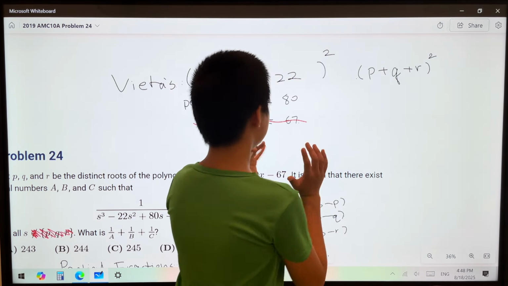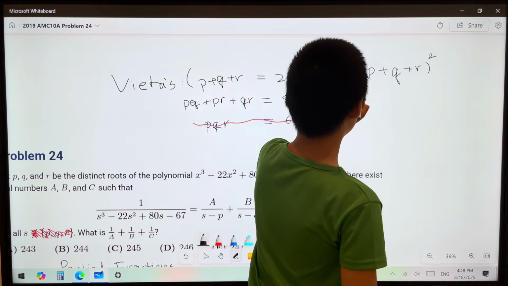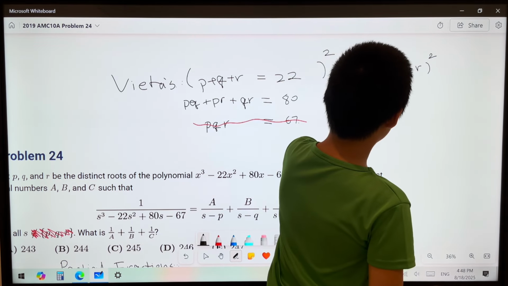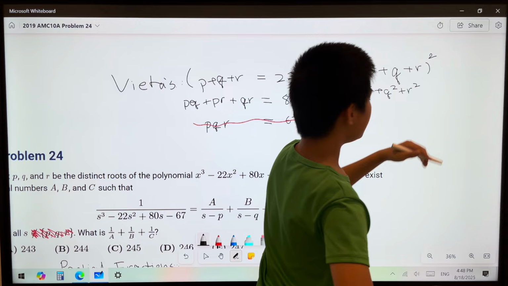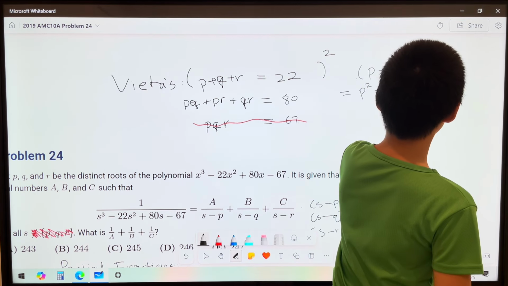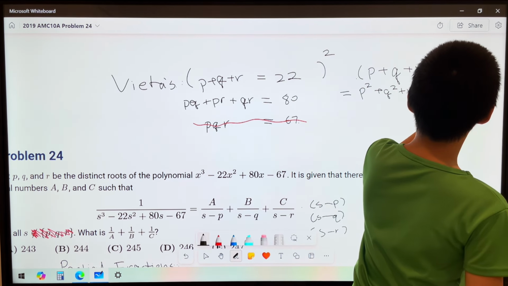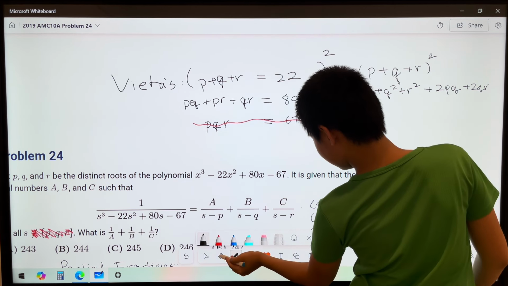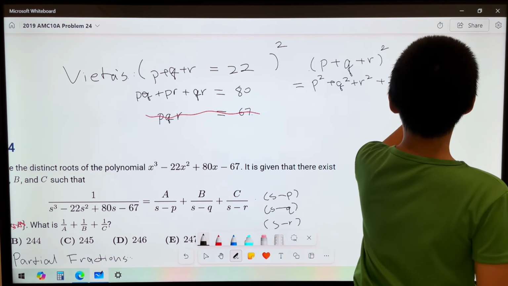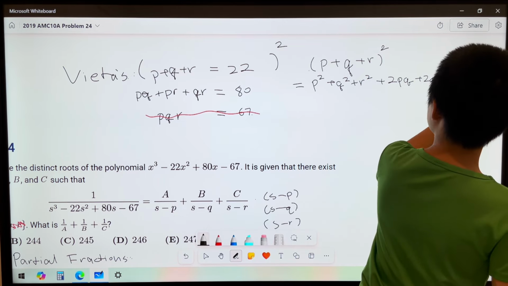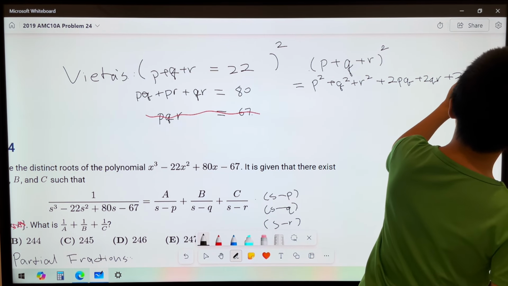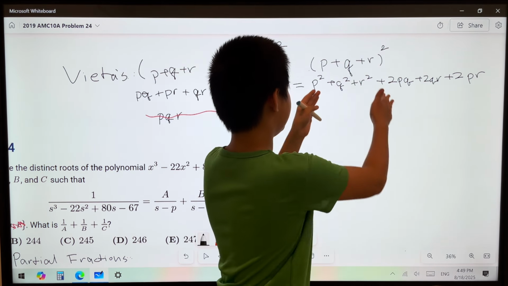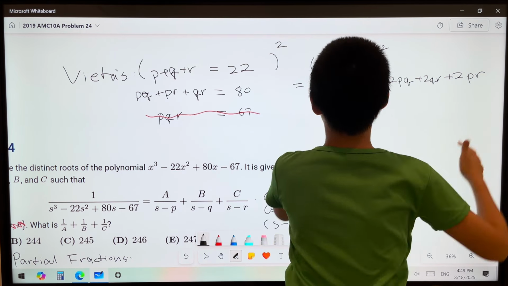That's still useful, because this is equal to what you want, plus some excess: 2pq plus 2qr plus 2pr, or essentially just the squares plus 2 times their pairwise sums.